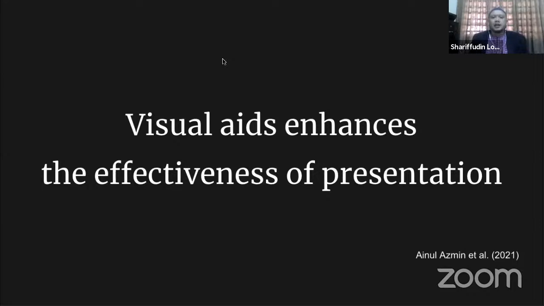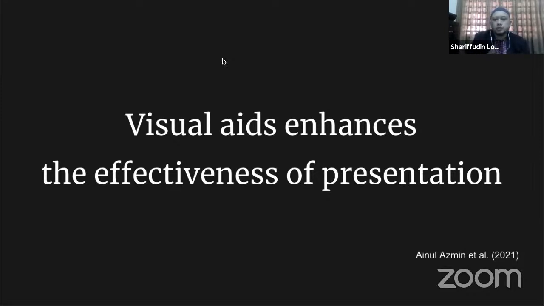To help with the effectiveness of the presentation, visual aid is very important. It is used to strengthen a point, to support your point, to give evidence to your point.